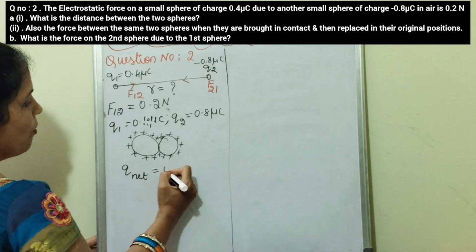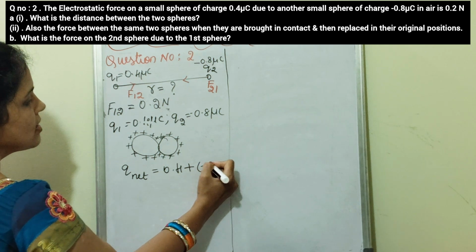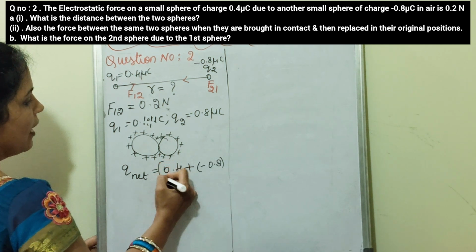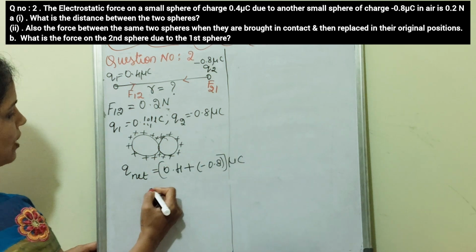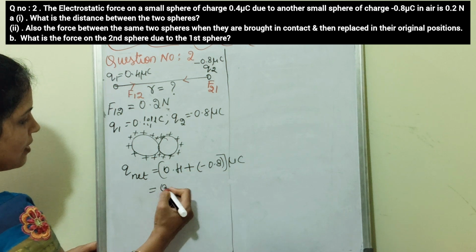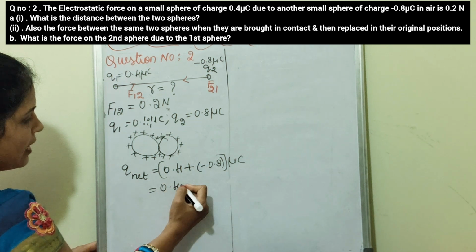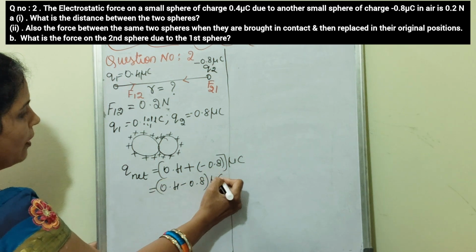Net charge is 0.4 plus minus 0.8. Microcoulomb is common, right? So here 0.4 plus of minus 0.8 microcoulomb.